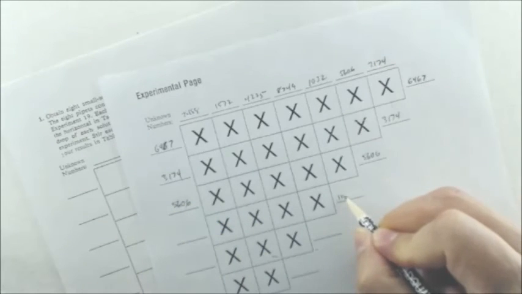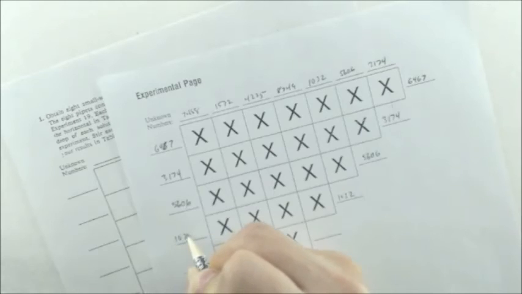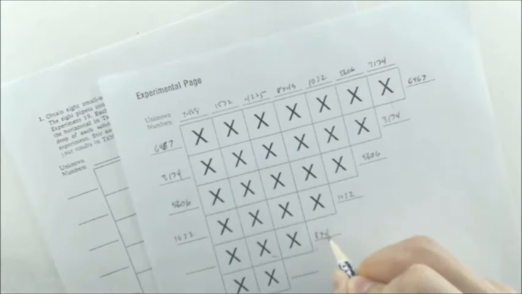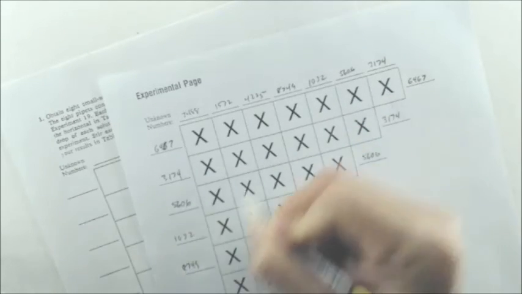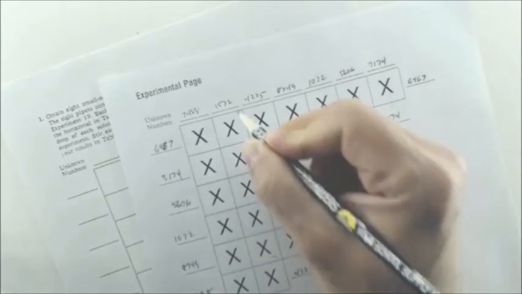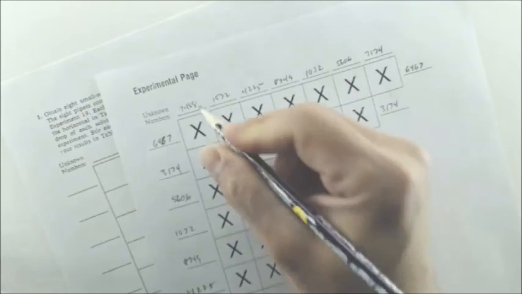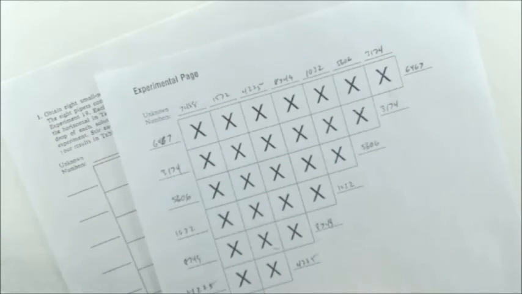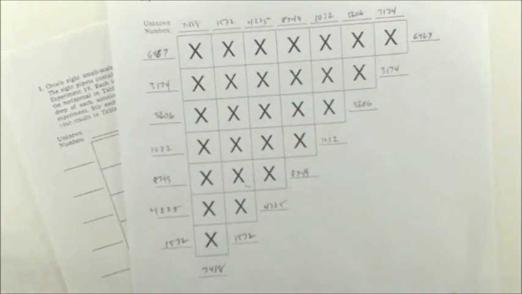And you just keep doing that. 4225, 4225, 1572, 1572, and then 7488. And so that is a grid set up in the same manner that your knowns grid is set up.